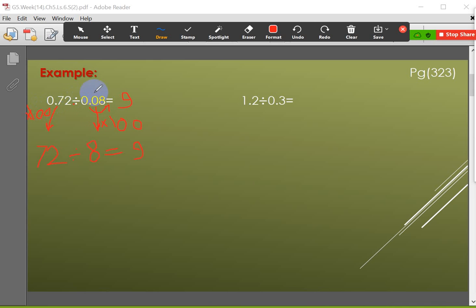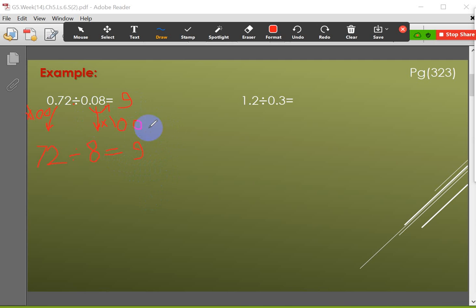No, the answer will be different. I have to multiply both dividend and divisor by the same number, so the quotient will be the same. No, not 900. The answer for the division is 9, not 900.